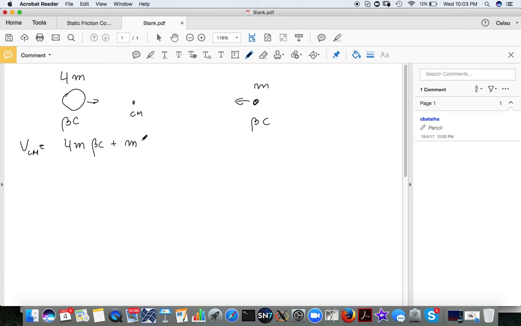But the velocity here is negative, right? Negative βc, negative βc, and divided by the sum of masses, 5m. So the velocity of the center of mass is therefore 3βc over 5.